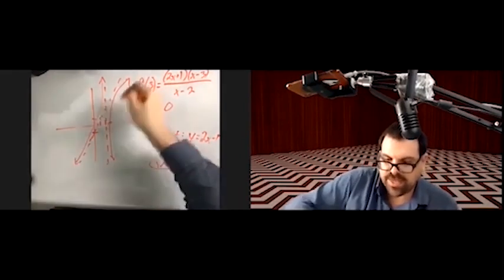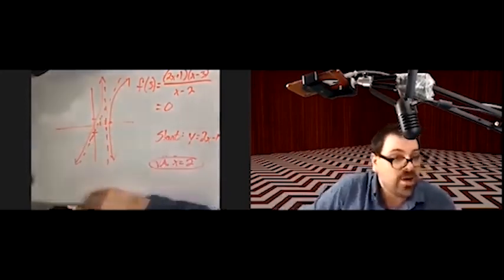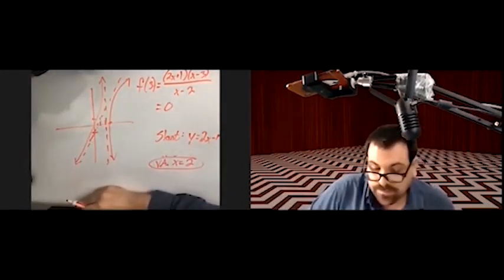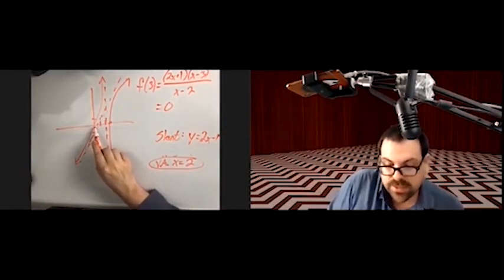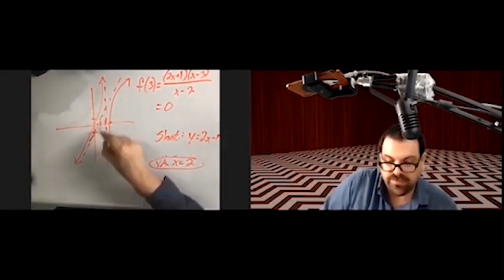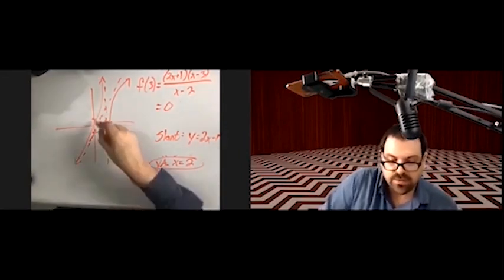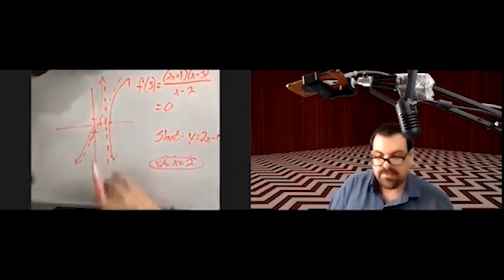And if I'm in this section, odds are I'm in the one diagonally across from it. We can check that by seeing where we are when x equals 0. Are we above the slant asymptote or are we below? If we're below, we'd fill in down here. Since we're above, that means we're in this section. It has to be that leg.